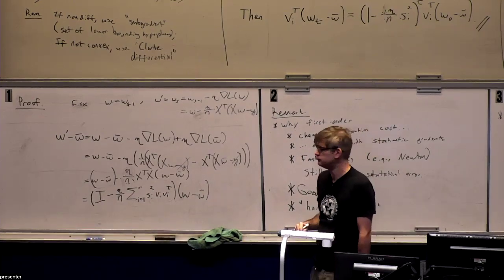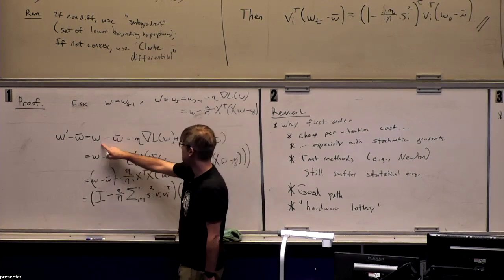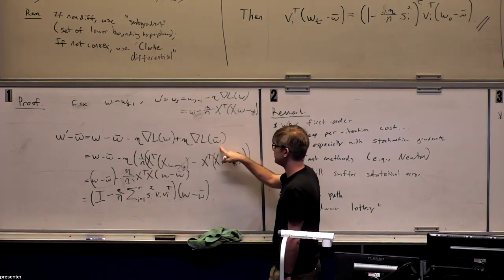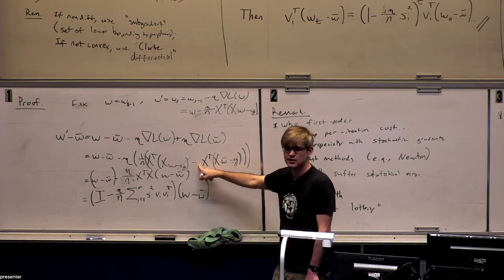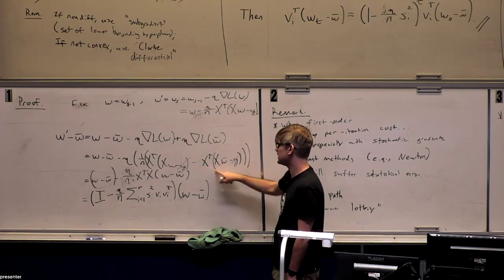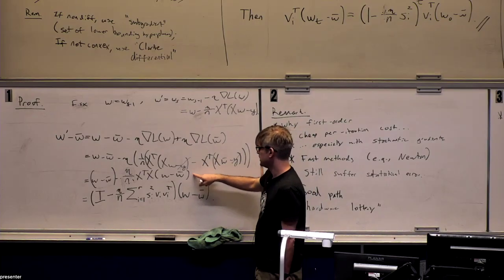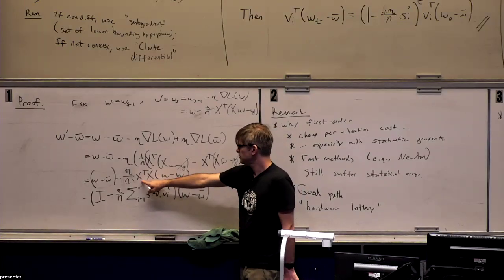Okay? So let me just say what steps I did once again. I wrote out the definition of gradient descent and the fact that this one has 0 gradient. Then I just expanded the form of the gradient update. And this is why I said you don't even need gradient descent for this. You can just treat this as an updating algorithm and not interpret what it means. Then I collected terms, pulled terms through to the front, and used the definition of the SVD.